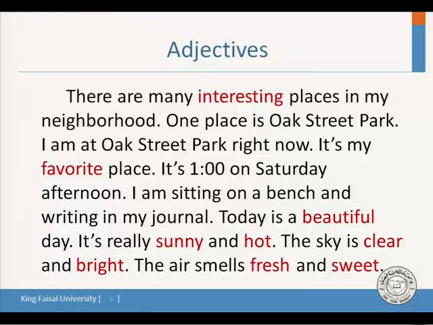The sky is, verb is, adjective clear and bright, another adjective. The air smells fresh and sweet. Smells is a verb. After smells, we use an adjective. The air smells fresh and sweet. 2 adjectives after the verb smell.